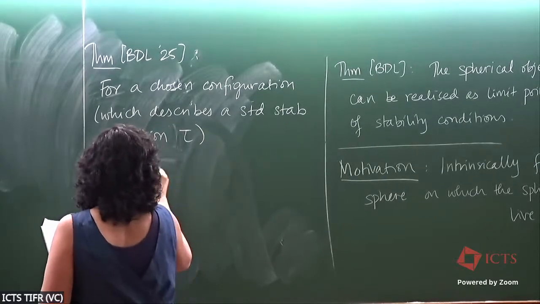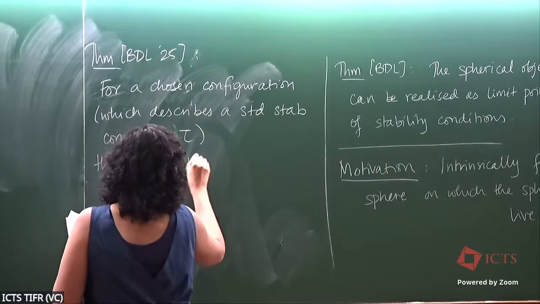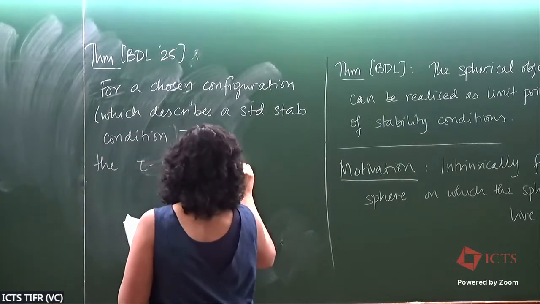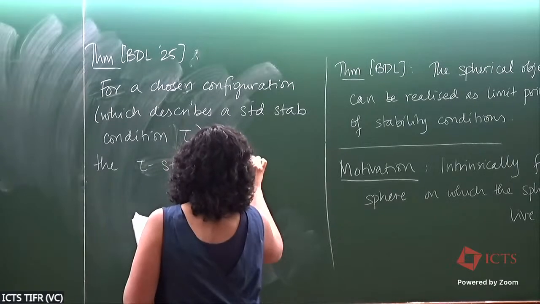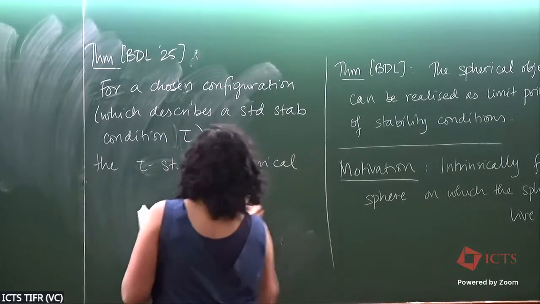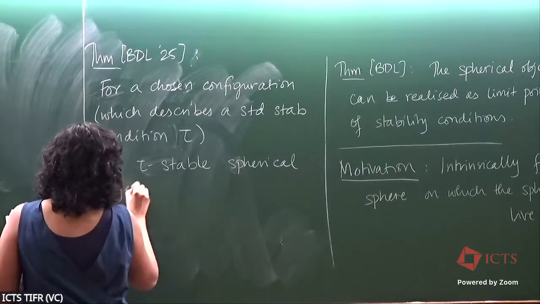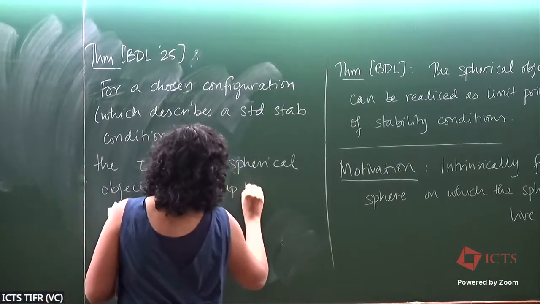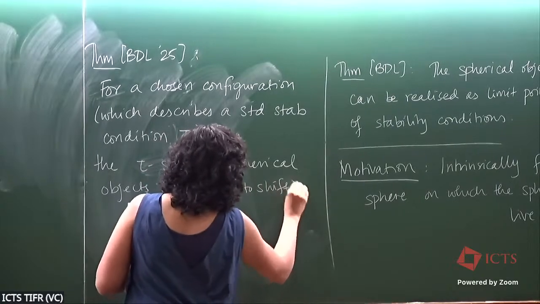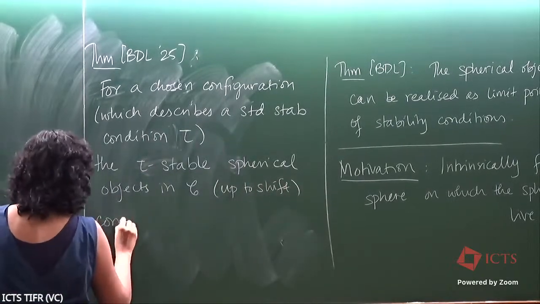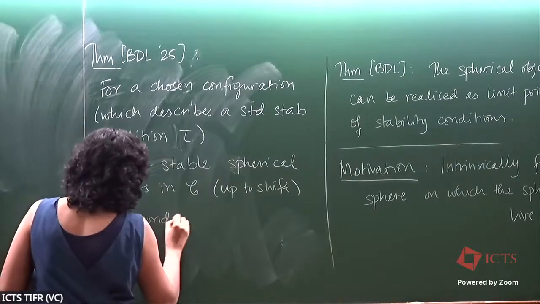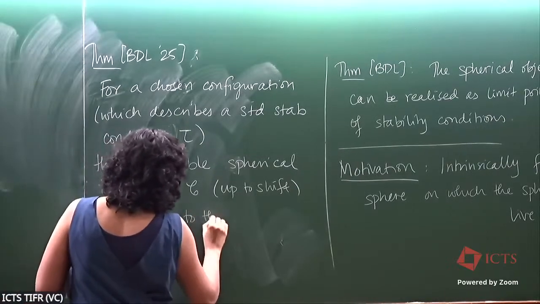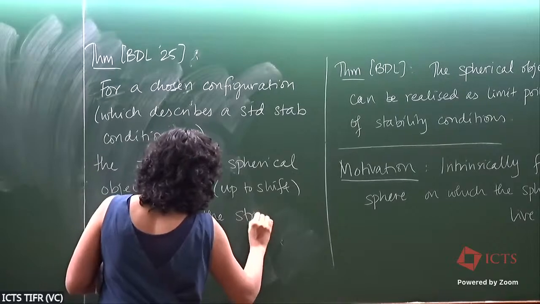So the tau stable, indecomposable, or let's say spherical objects in C, up to shift, of course, correspond exactly to the straight line segments.